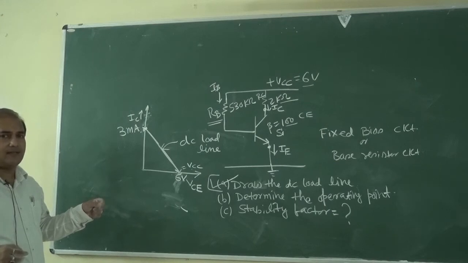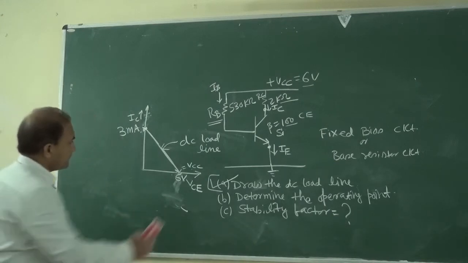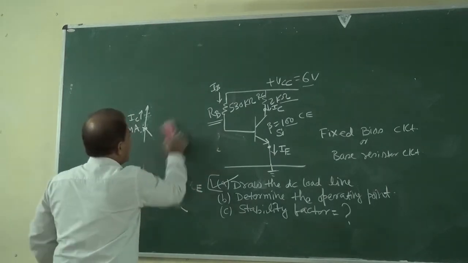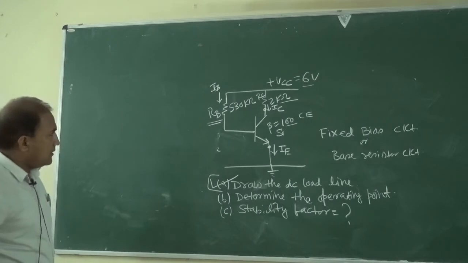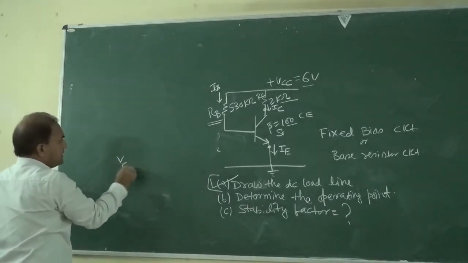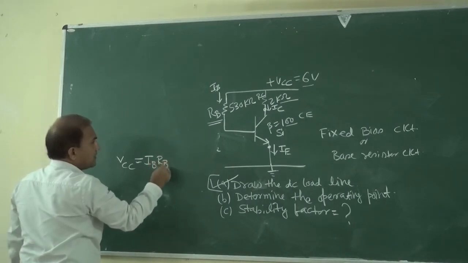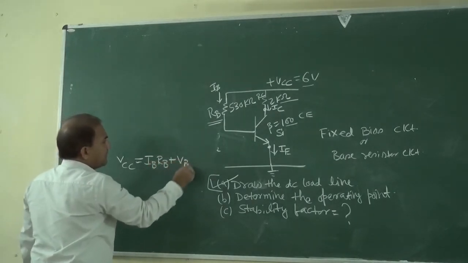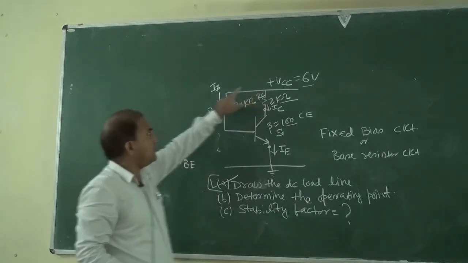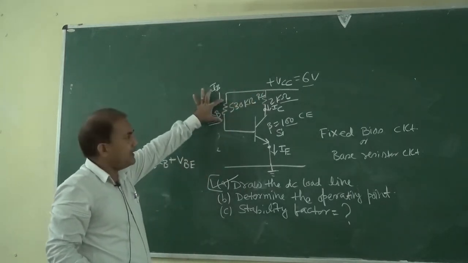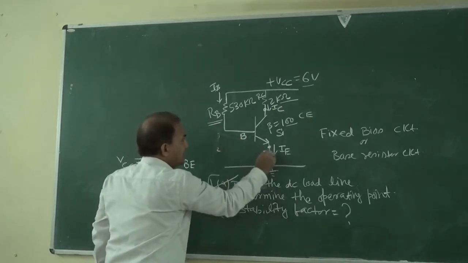So how can we determine the operating point? We can write VCC is equal to IB RB plus VBE. Here this is the base terminal and this is the emitter terminal.